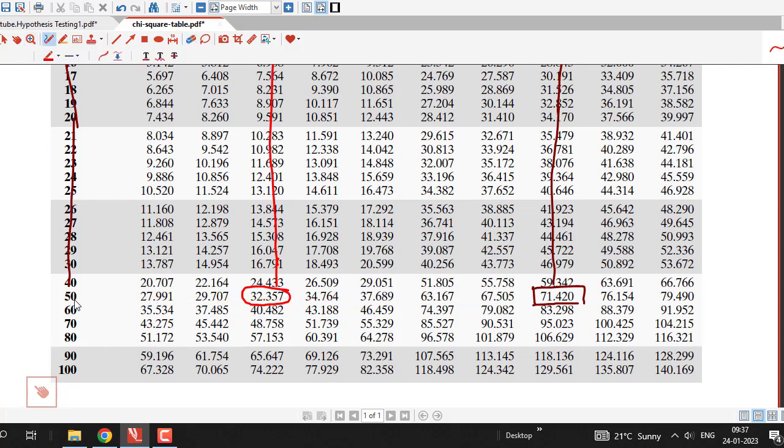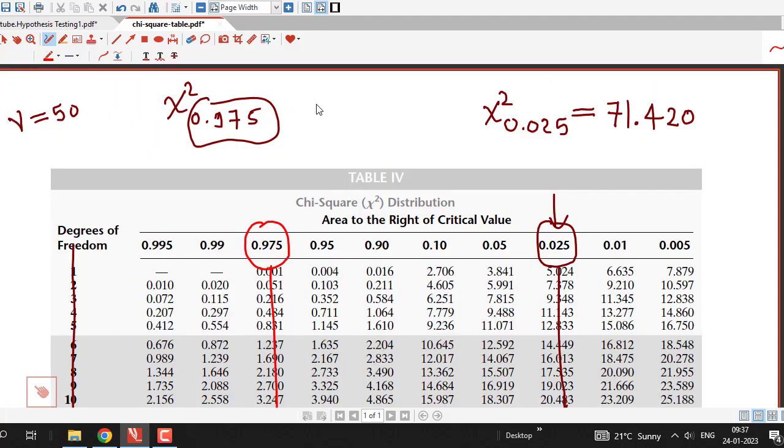So now you can see that for 50 degrees of freedom and 0.975 area to the right, chi-square 0.975 is 32.357. We can say that the area to the right side of 32.357 is 0.975 with 50 degrees of freedom.